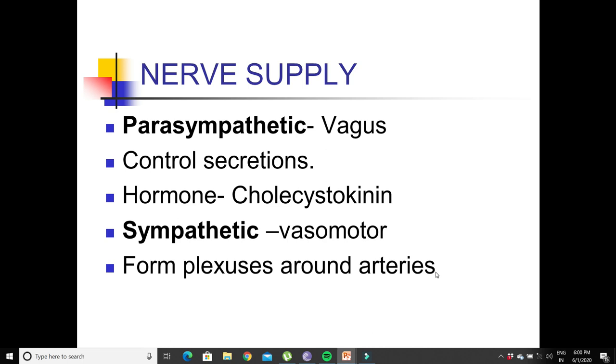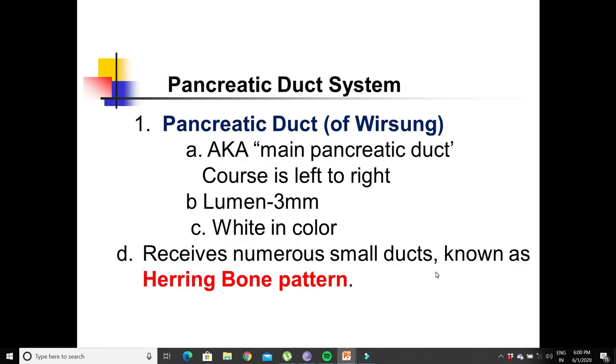Now the important part of the pancreas is its duct system. The first is pancreatic duct of Wirsung. This is the main pancreatic duct, and it lies near the posterior surface of the pancreas, and it is recognized by its white color.